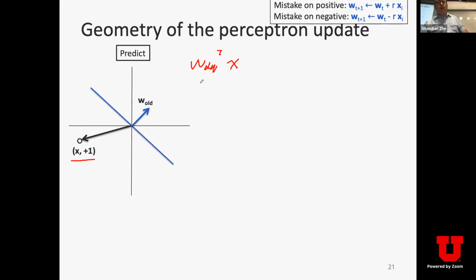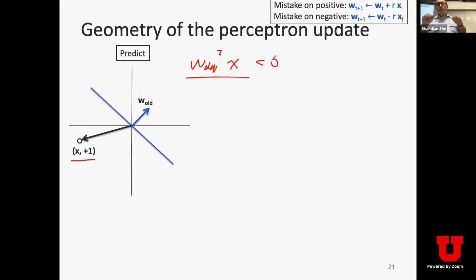But we're still going to claim that this classification score, meaning the dot product between W old and X, will be negative. Why is this true? Just because it's really the opposite direction.